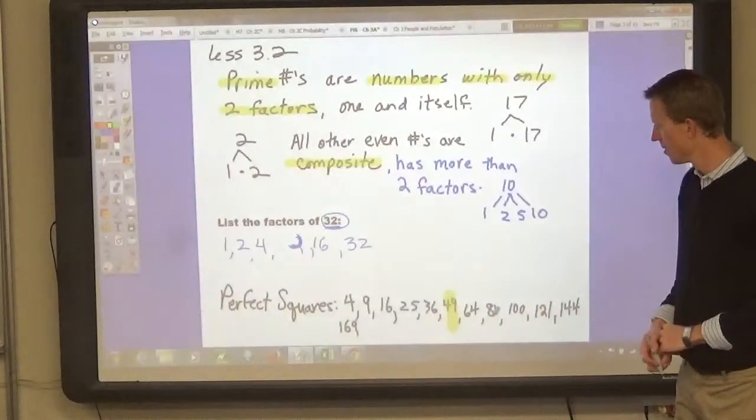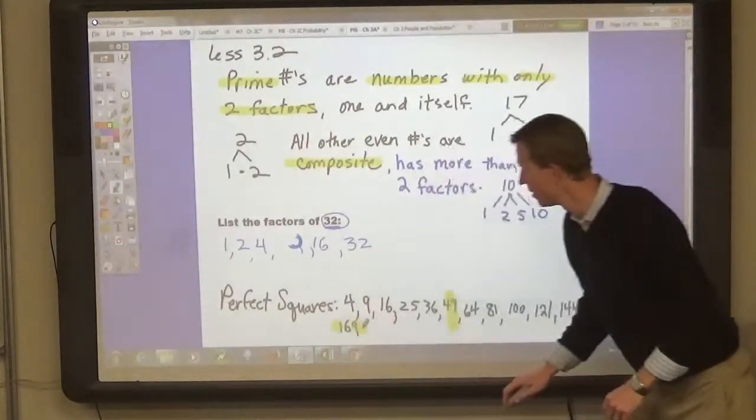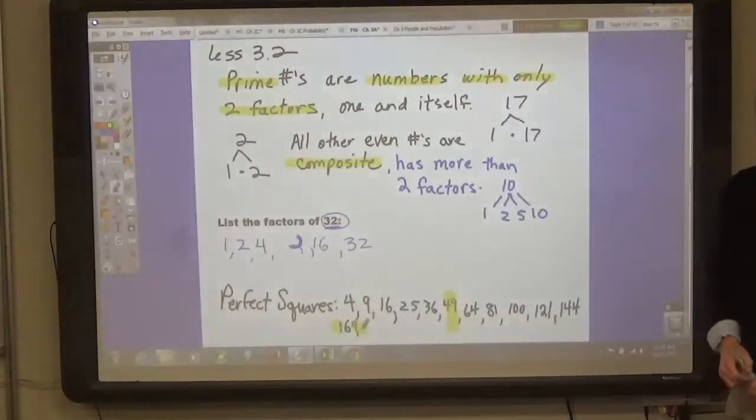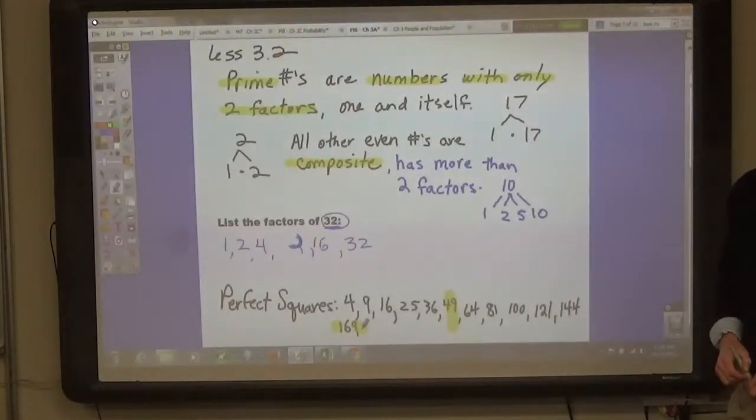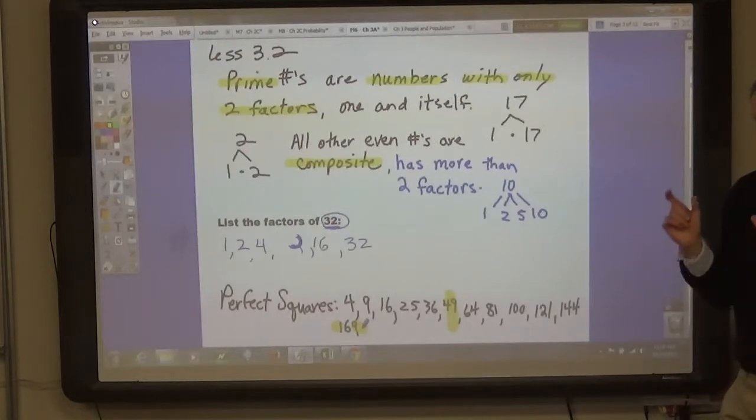What else? 169. What's that the perfect square of? 13. Yes. 13 is prime. 13 times 13 is composite.